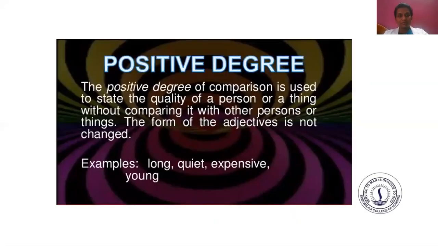And I said positive degree is a degree of comparison used to state the quality of a person or a thing, which means in simple, it is describing a place, or it is describing a thing, or it is describing a person. So examples of positive degree adjective are long, quiet, expensive, and young.